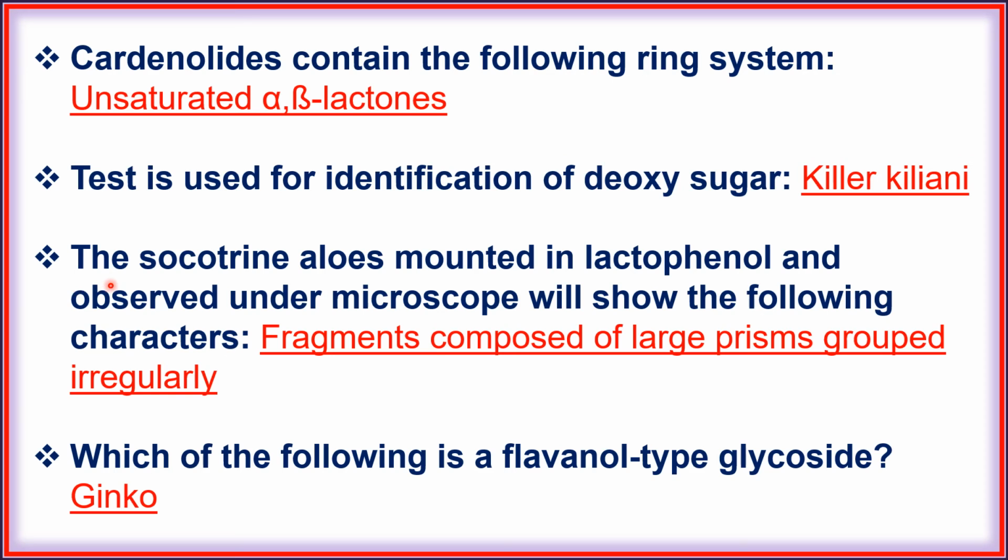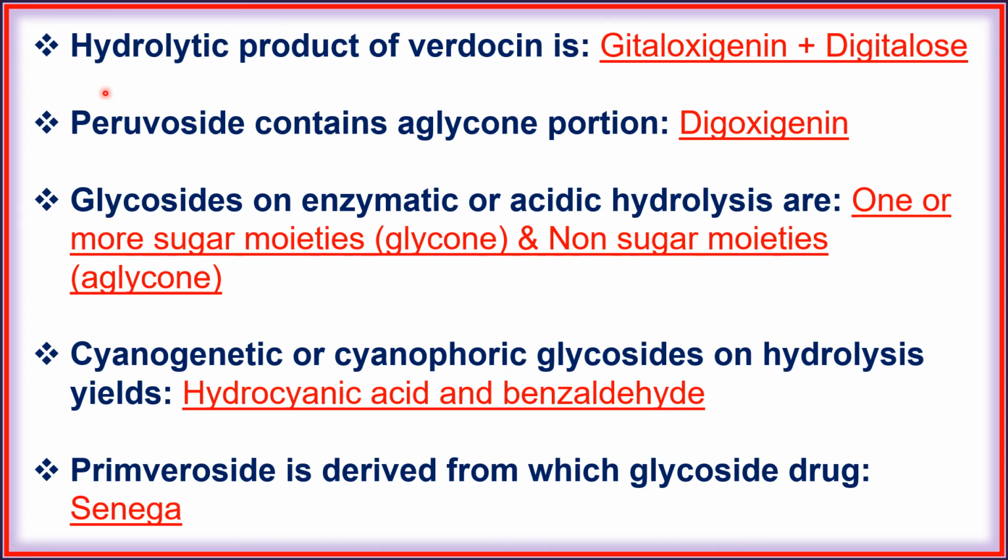Next, Socotrine aloes mounted in lactophenol and observed under microscope will show the following character: fragments composed of large prism grouped irregularly. Next, which of the following is a flavonol type of glycoside, that is Ginkgo? Next, hydrolytic product of Verbascum is gitaloxigenin plus digitalose.